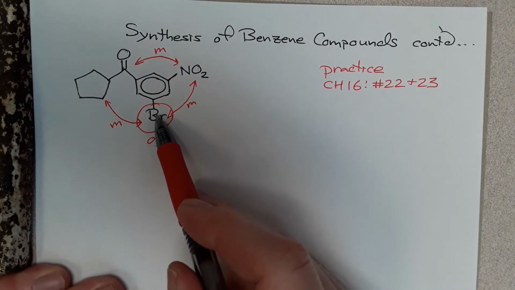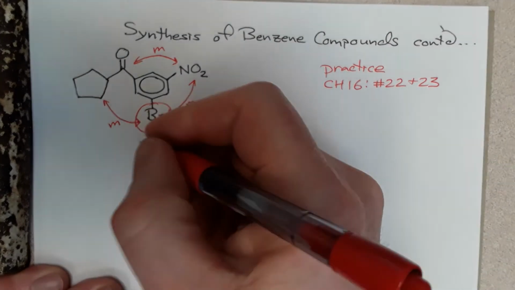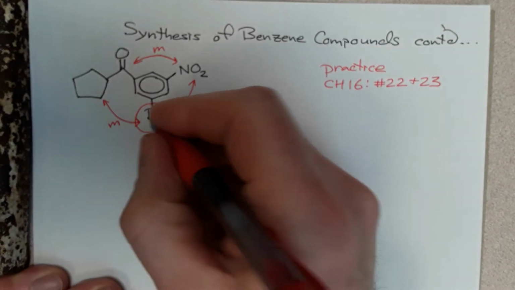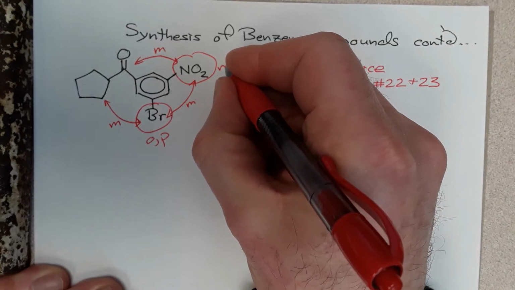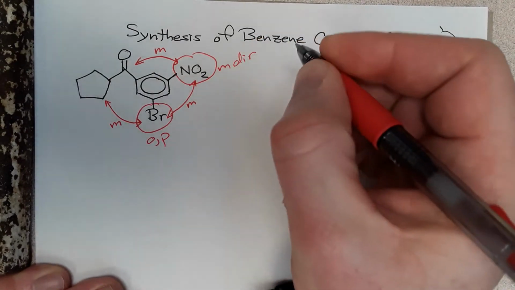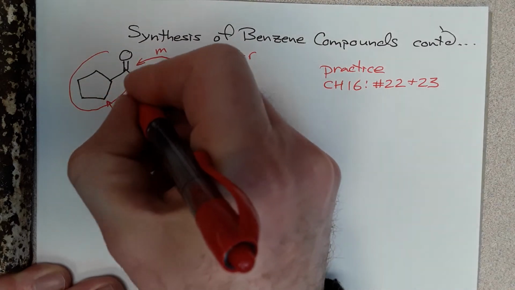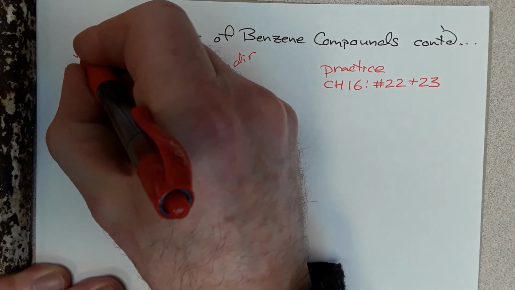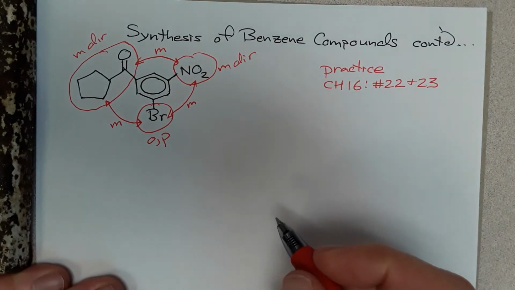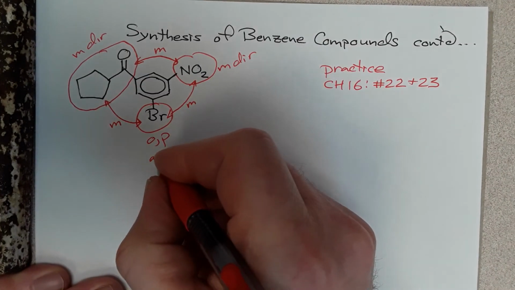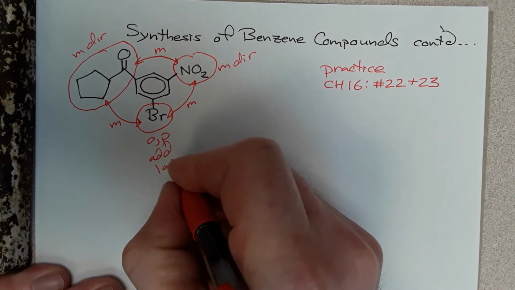That's not directing anything meta, so you wouldn't be adding that first. Here we have a meta director, and here we have a meta director. So what does that tell you? Well, it tells you right away you're going to add this last.